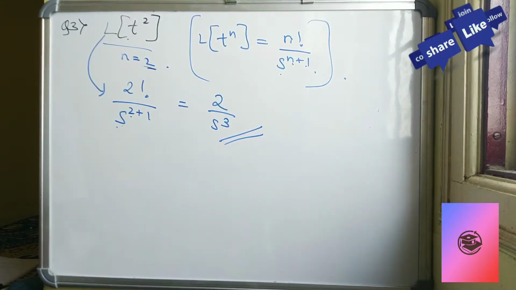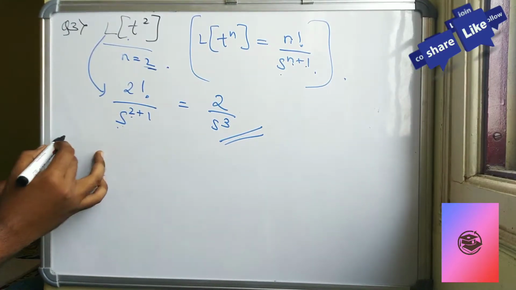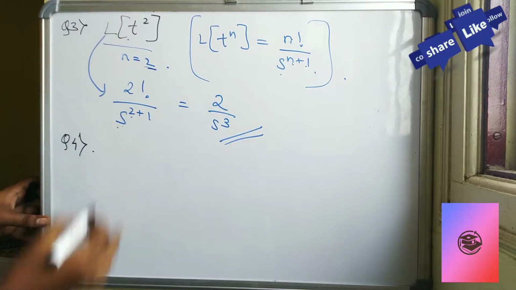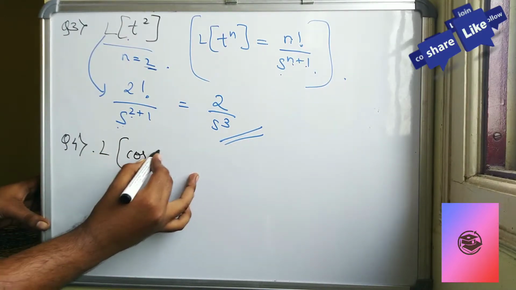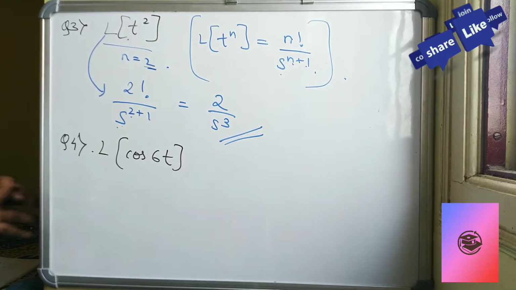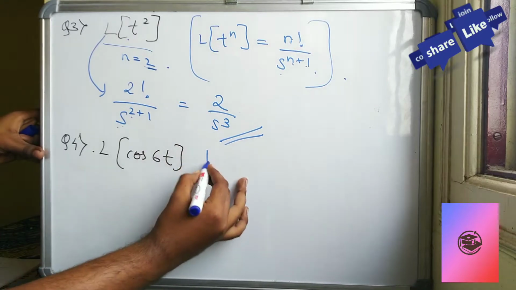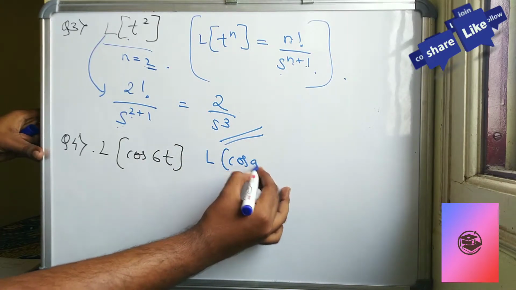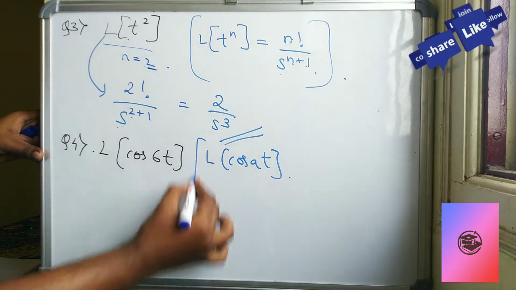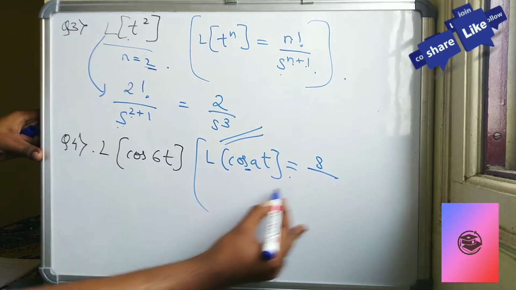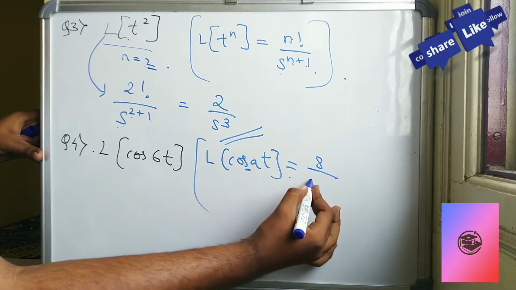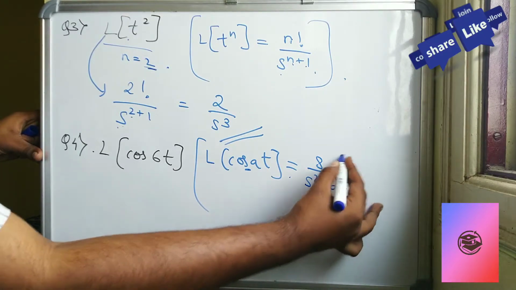Now we'll move on to question number 4. We will take some cos functions: the Laplace transform of cos 6t. We know that the Laplace transform of cos at is nothing but s by s square plus a square.